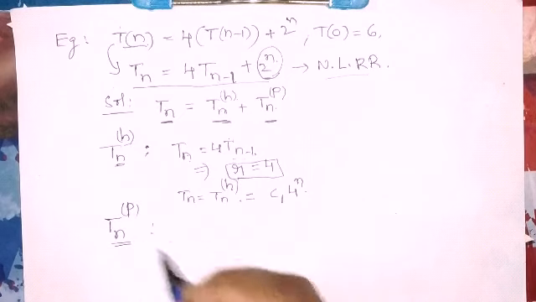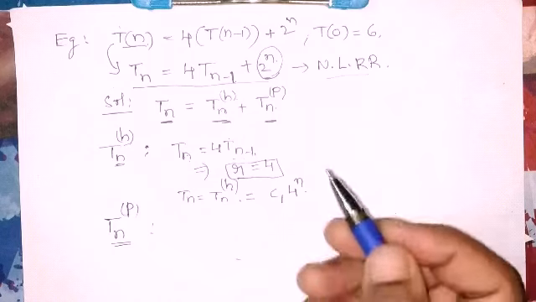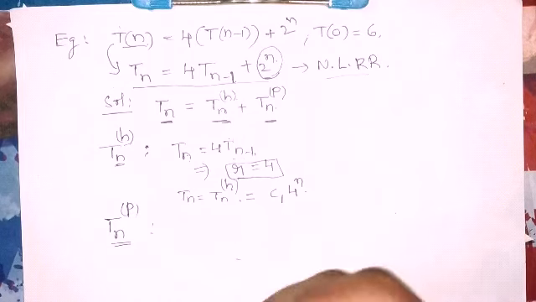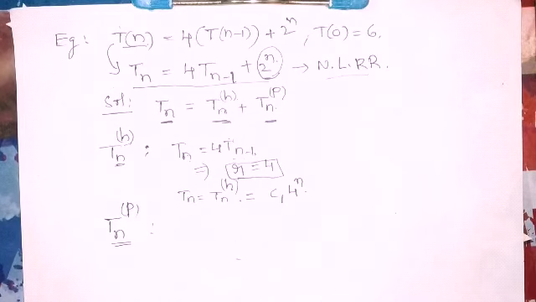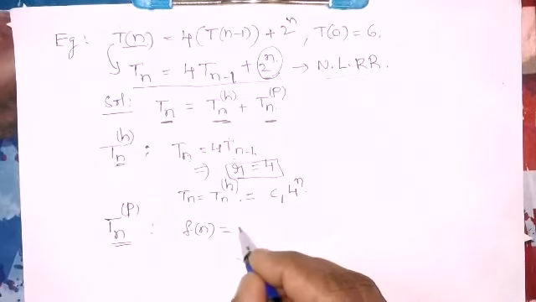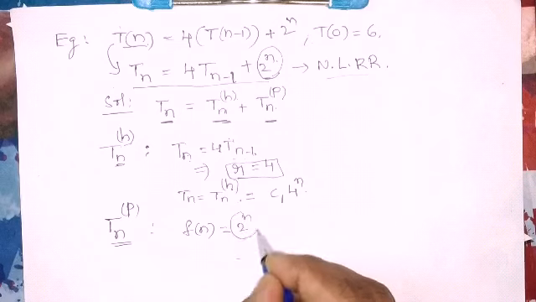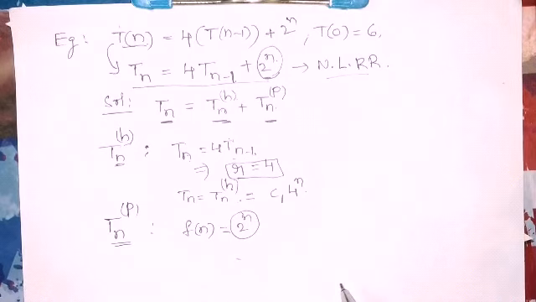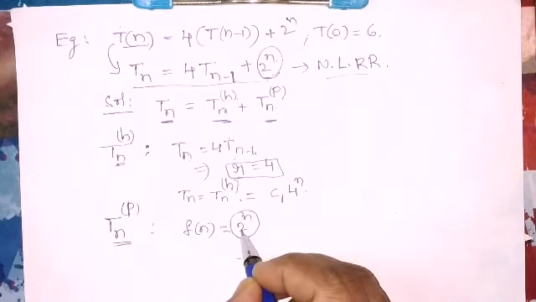To get the particular solution part, we have to make a guess of the required particular solution. Because in the problem, the function f of n is given by 2 power n, which is called an exponential function, where the base is 2.